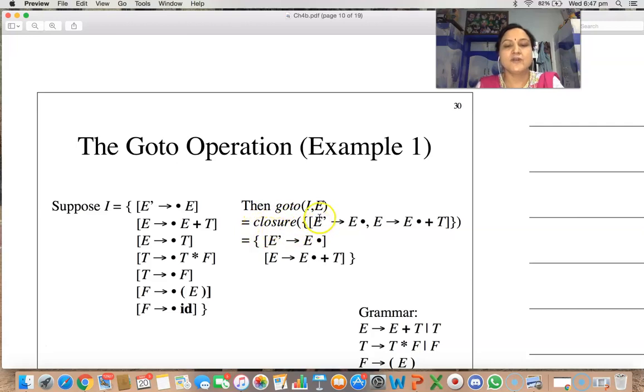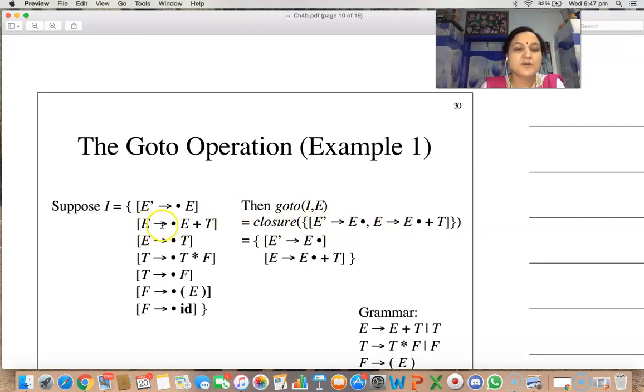So closure of E' tends to dot E. When we take a closure and goto, this dot will get shifted to the next symbol. So closure of E' tends to E dot.